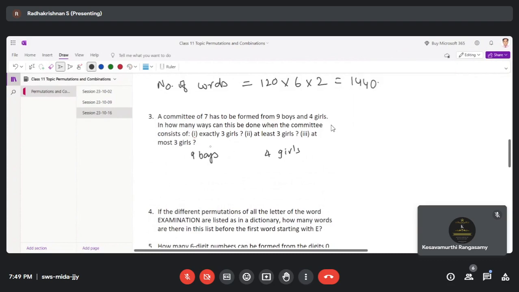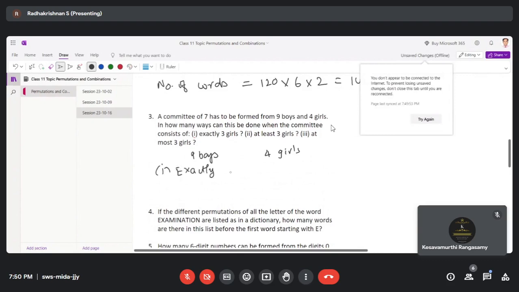Now, when the committee has exactly 3 girls, it means there has to be exactly 3 girls and 4 boys, because totally there need to be 7 people, right? So how many boys need to be there? This is the only way we can form the committee, with 4 boys and 3 girls.